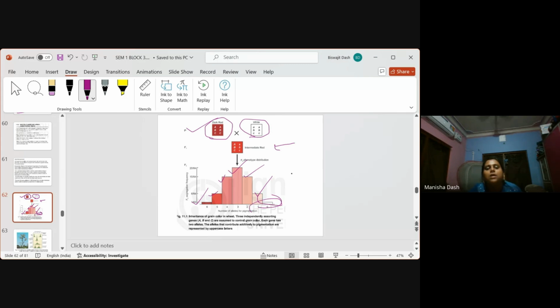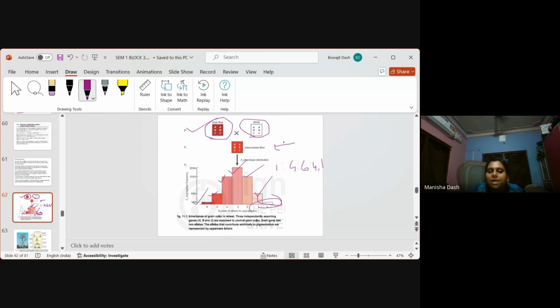Here, if it had been a case of Mendelism, the ratio would have been something different. But due to the polygenic or quantitative nature, the F2 generation ratio is 1 is to 4 is to 6 is to 4 is to 1. This is not a dihybrid actually, this is a trihybrid.